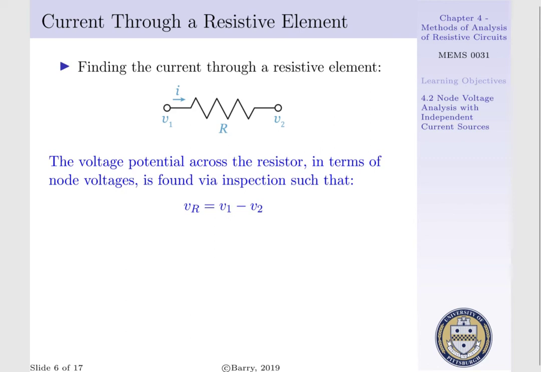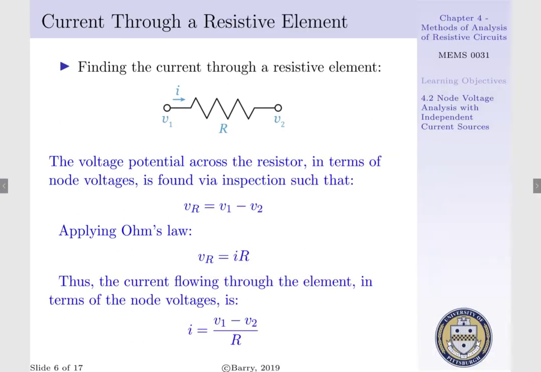That is, VR would be equal to V1 less V2. Now if we apply Ohm's law to this equation, our voltage potential across a resistor is equal to our current running through it times the resistance of a resistor. Equating these two expressions, we can say our current running through the element in terms of our node voltage is V1 less V2 per our resistance.